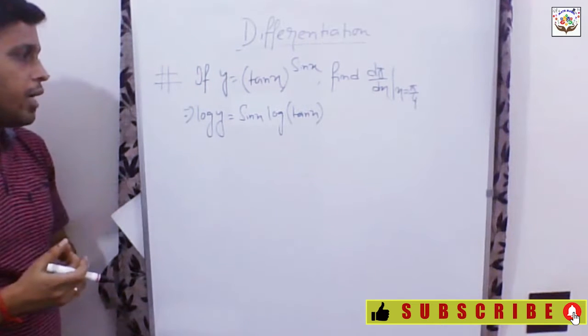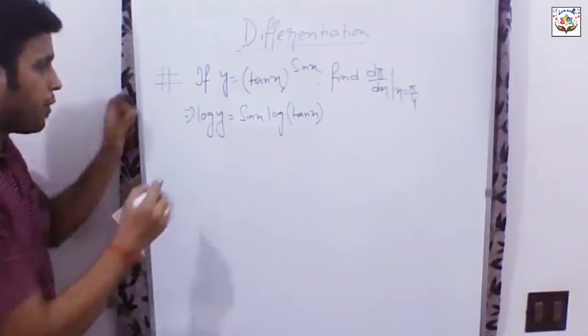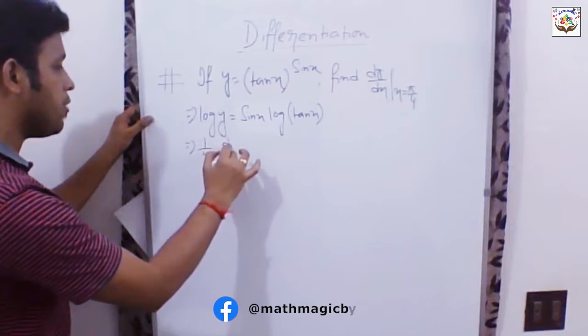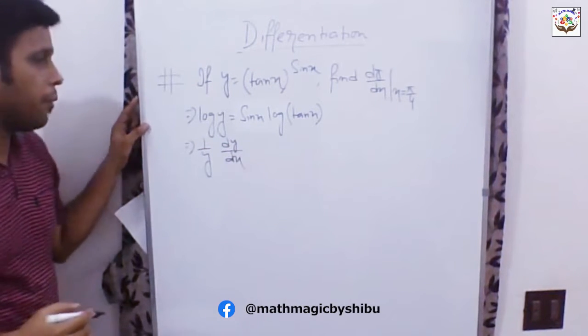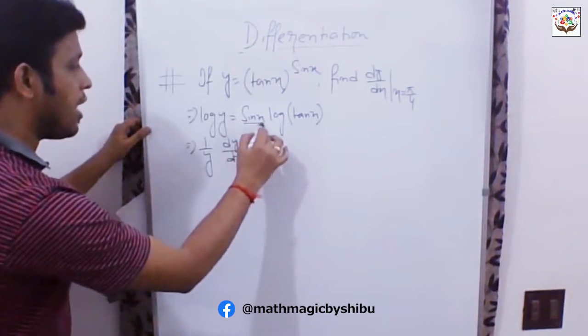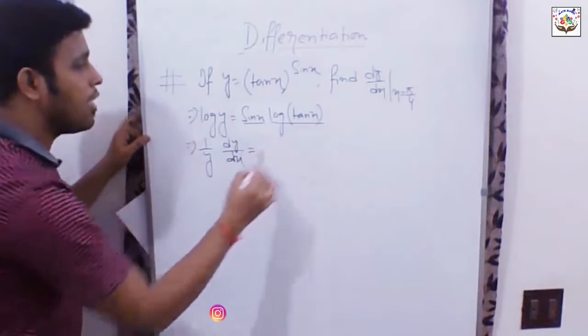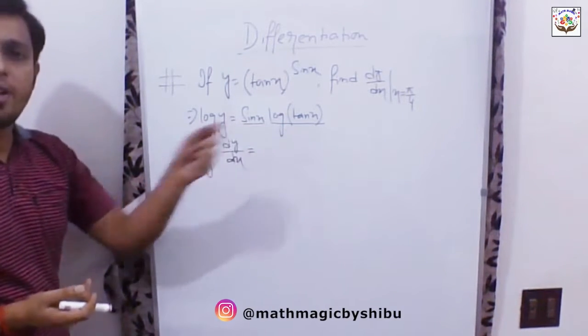Now we can differentiate both sides with respect to x. If we differentiate log y with respect to x, we would write 1 by y dy/dx. And as you can see, sin x can be considered the u function, and log tan x can be considered the v function. So we can apply d/dx of u into v.